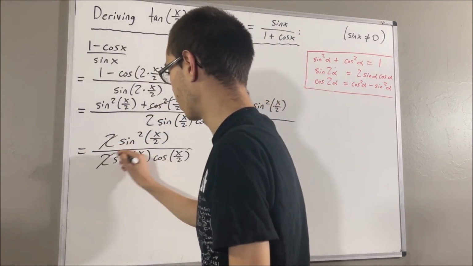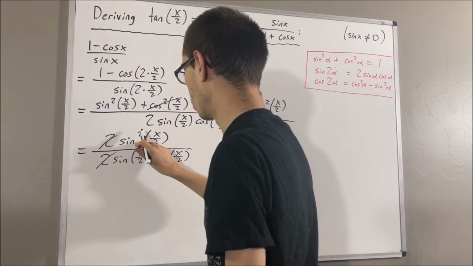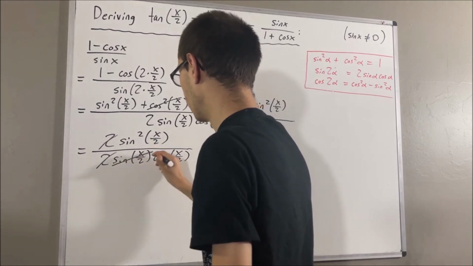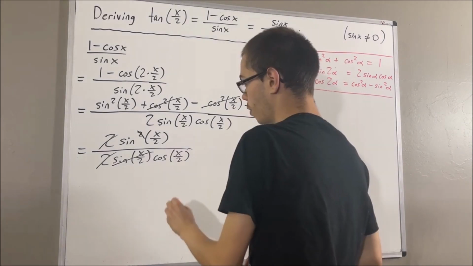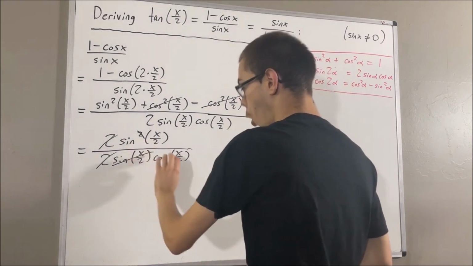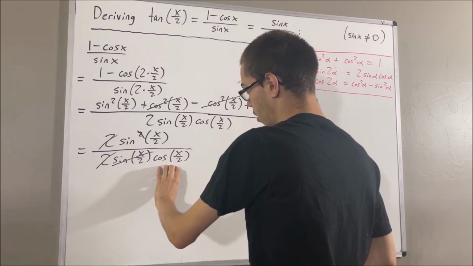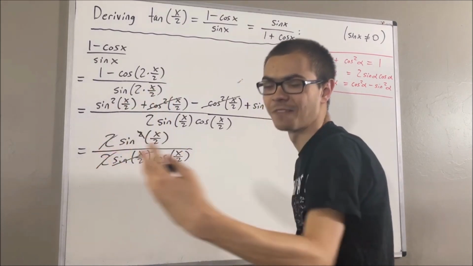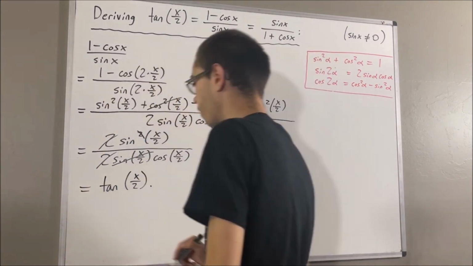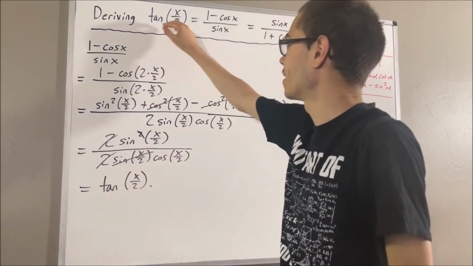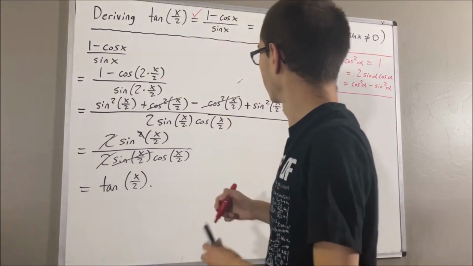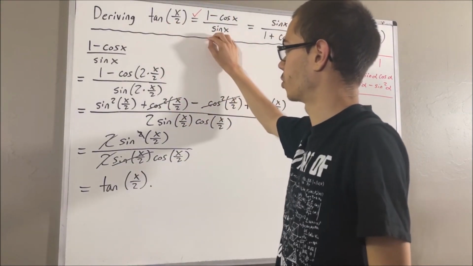The 2's cancel out, and sine squared of x over 2 over sine of x over 2 leaves us with just sine of x over 2 in the numerator. But then we have sine of x over 2 over cosine of x over 2. Well, by definition, that's just tangent of x over 2. So we have shown that this is equal to tangent of x over 2, exactly what we wanted. So that shows that these two are equal to each other.